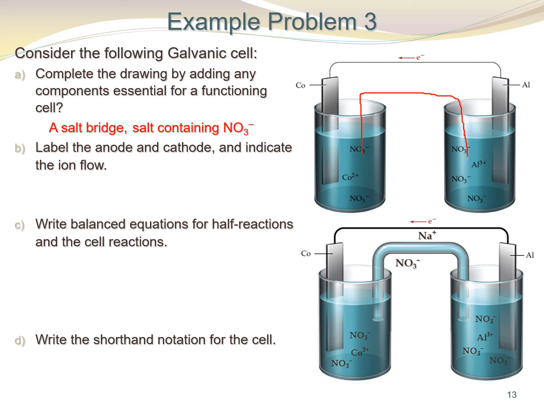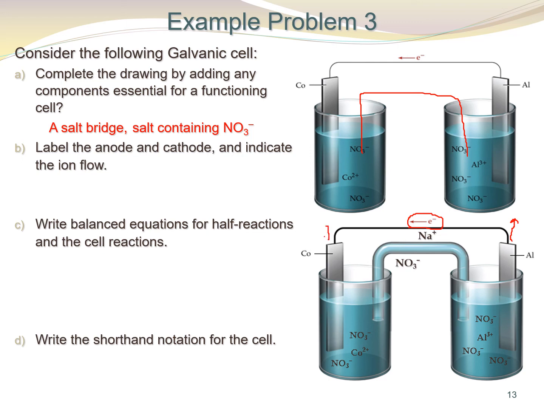And in order for us to realize which one is a cathode, which one is an anode, we can tell it by the electric flow. Electric flow actually tells us where the electron comes out, where the electron goes in. Electron going from right to the left, that means aluminum is where electrons are coming out.